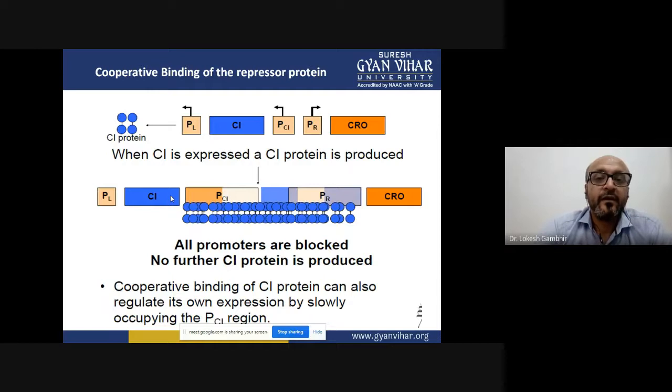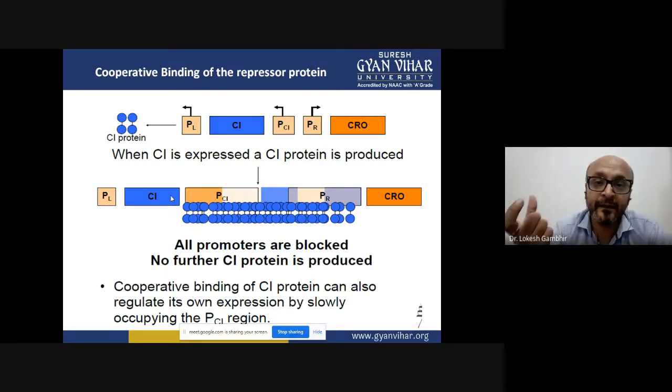Next question, which is a very interesting one. If there is a mutation in operator 3, OR3, then what will happen? If there is a mutation in OR3, then the CRO protein will not be able to bind to OR3 and will not be able to inhibit the C1 protein.